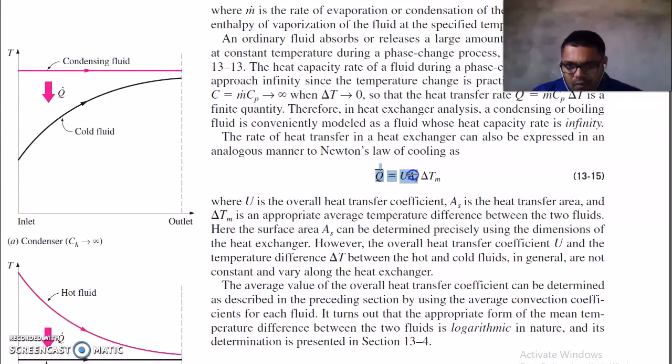But there is a problem with this equation, which is the overall heat transfer coefficient and delta T_m. While the surface area of the heat exchanger is fixed, the overall heat transfer coefficient U and the temperature difference delta T between the hot and cold fluid are in general not constant and vary along the heat exchanger. The average value of the overall heat transfer coefficient can be determined as described in the preceding section by using the average convection coefficient for each fluid.